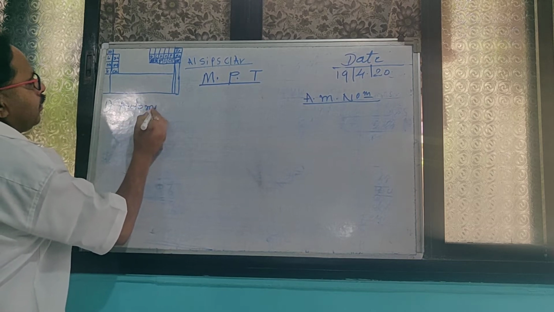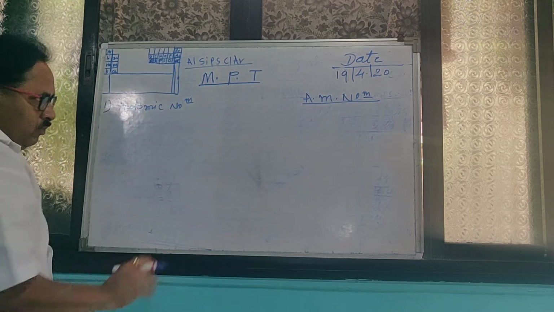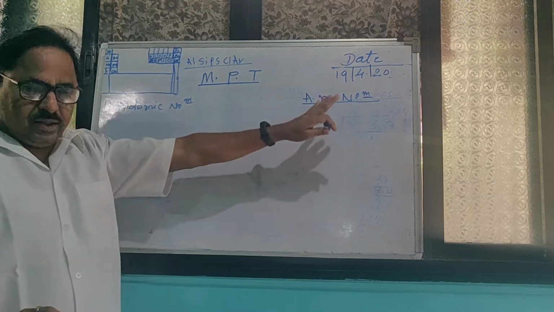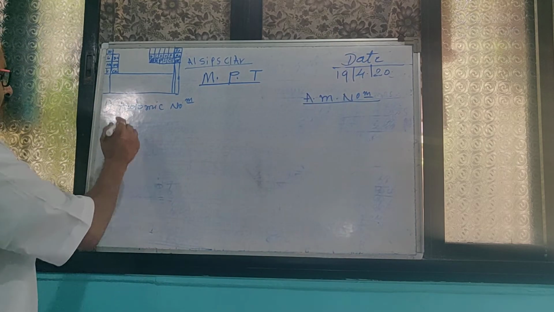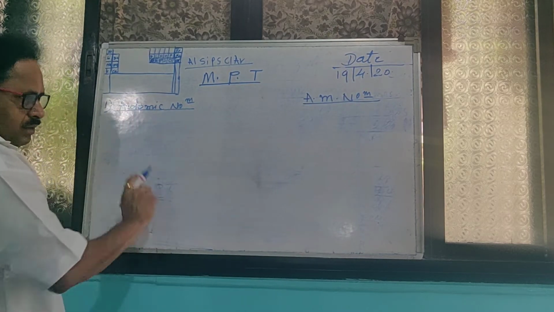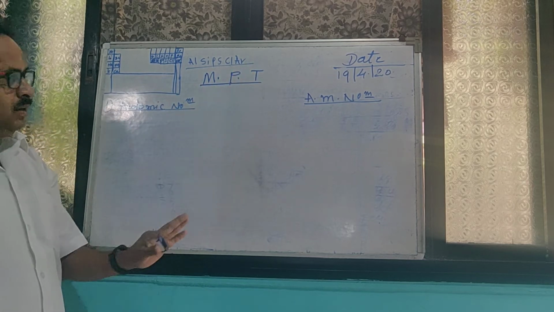Atomic number we already discussed yesterday. Atomic number is important for this modern periodic table.